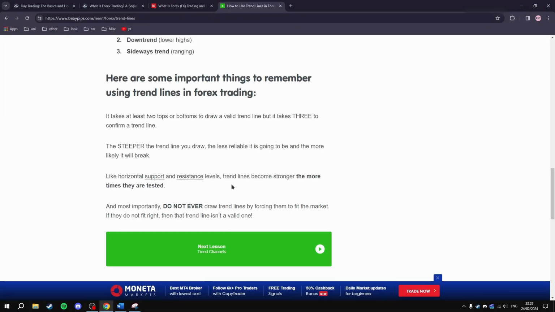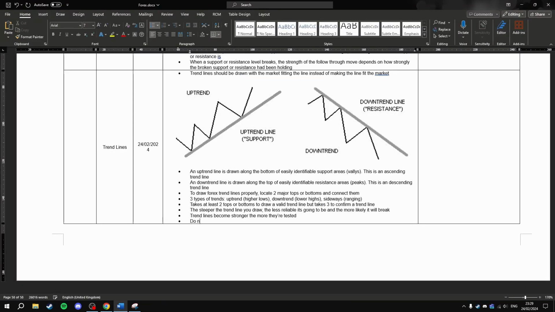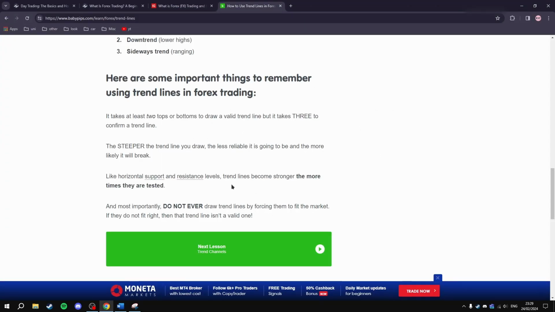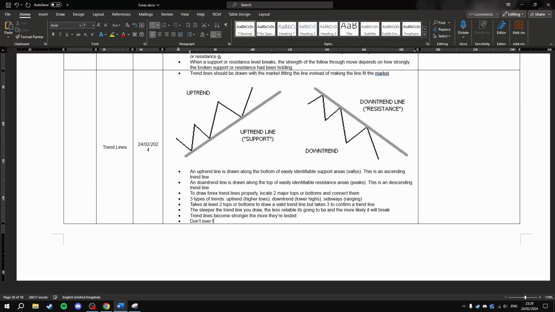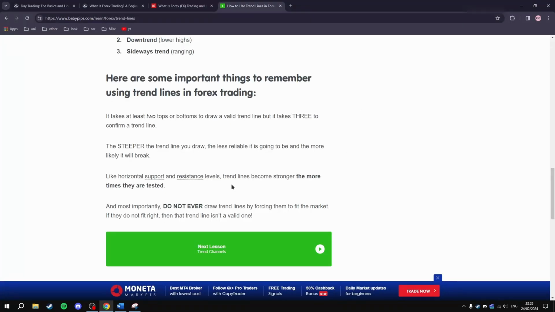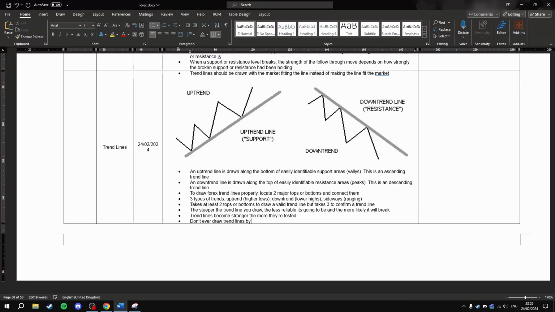And most importantly, do not ever draw trend lines by forcing them to fit the market. If they do not fit right, then that trend line isn't a valid one. Don't ever draw trend lines by forcing them to fit the market.